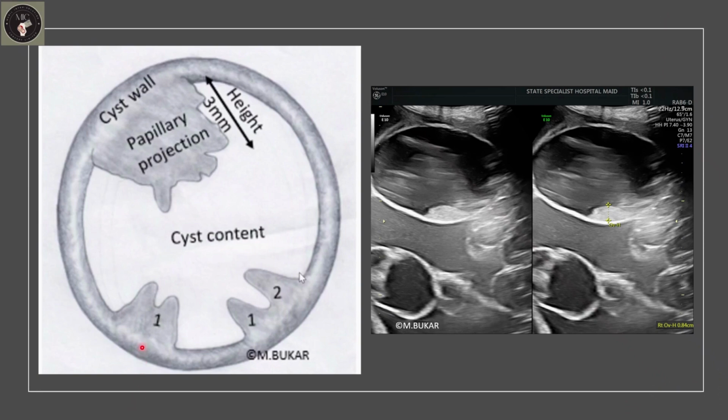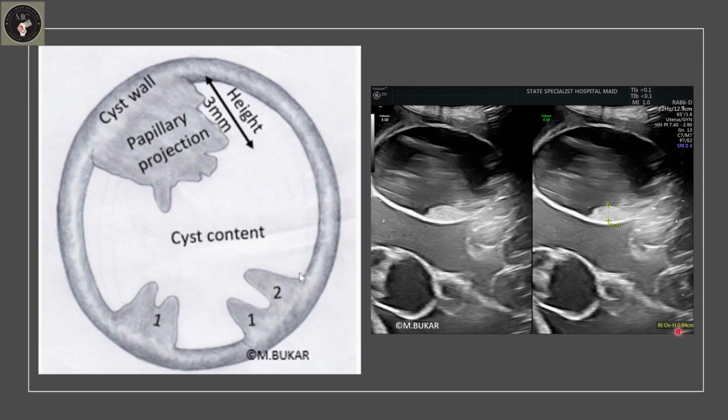So here you have a schematic diagram. This is a cyst wall. Here you can see the cyst wall here, and look at this structure here. Look at this structure here.